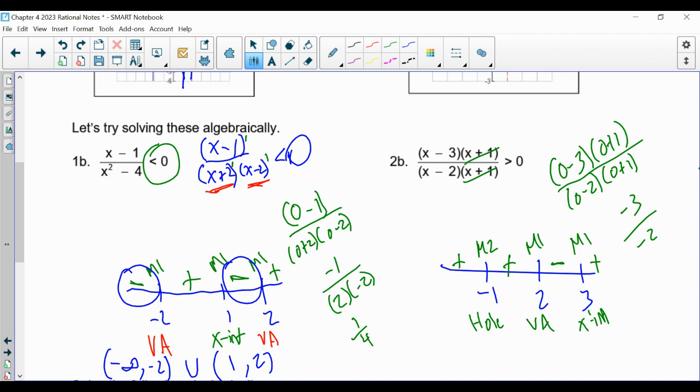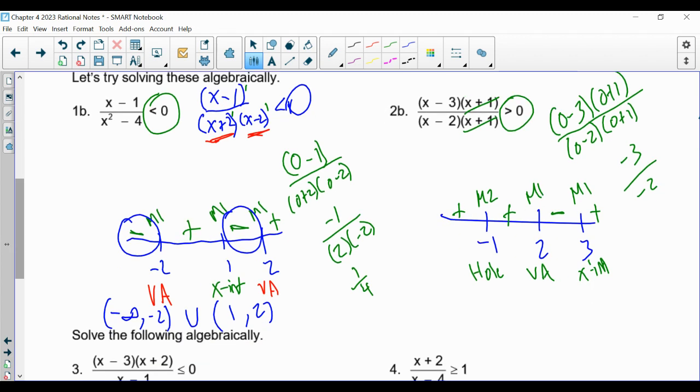Okay. So when you think about this one, you just have to be careful with that hole. And if you're unsure, just plug in numbers on both sides and see if it is that case. And then now we say greater than 0. Again, holes and verticals, it doesn't matter. You never include them.